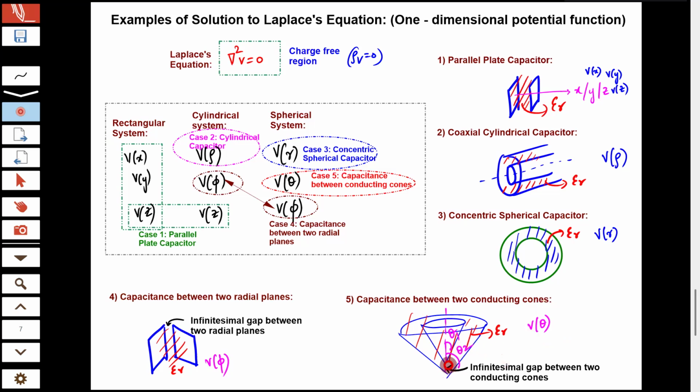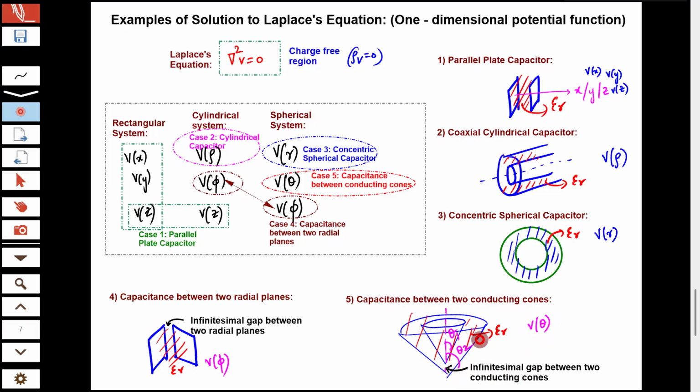And here also you should know the two conducting cones should not be touching each other, because if they touch each other, a potential difference won't exist between the two plates. Potential will be the same. So if we maintain an infinitely small gap between the cones, then one will be at a potential V1 and another will be at a potential V2. So there will be a difference in potential, and the function V of theta will exist between the two conducting cones.